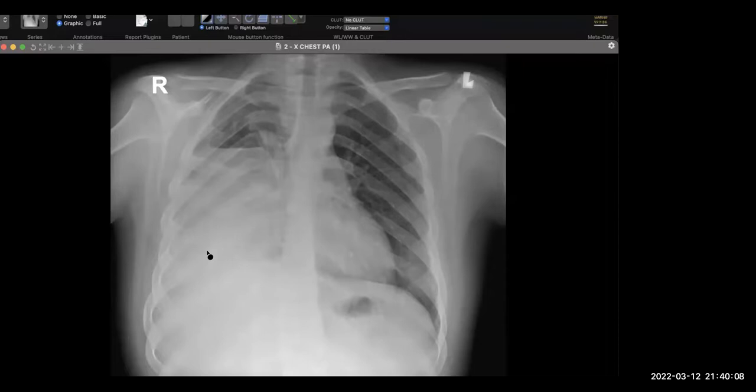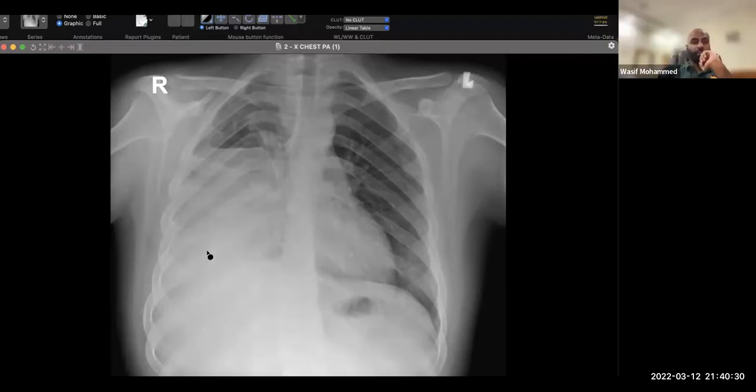This could be secondary to right-sided effusion. I cannot appreciate any pneumothorax or any fractures in the ribs. So still I would inquire if there's any history of any blunt trauma. So this could be hemothorax. No history of blunt trauma. All right.